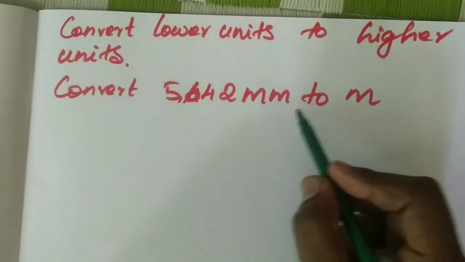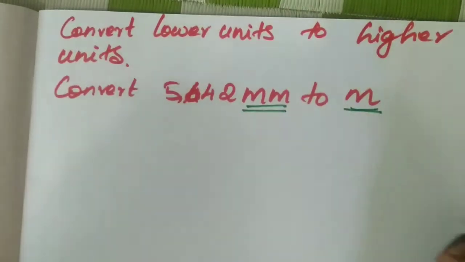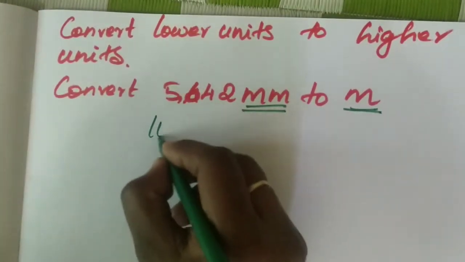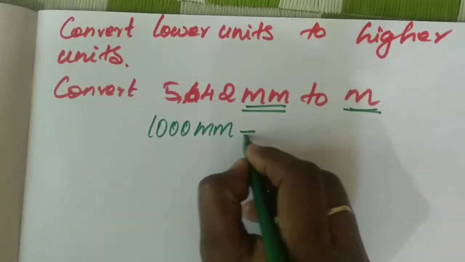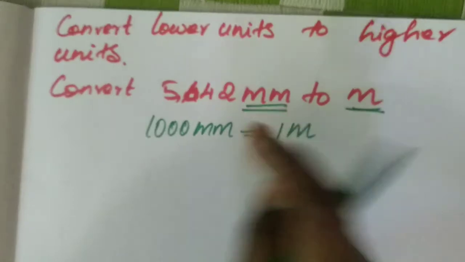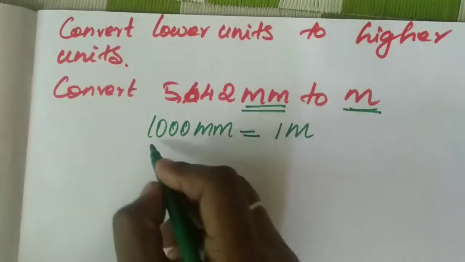Our next question is, convert 5642 millimeter to meter. Here we want to convert the lower unit to higher unit. We know that 1000 millimeter is equal to 1 meter. This is the formula.